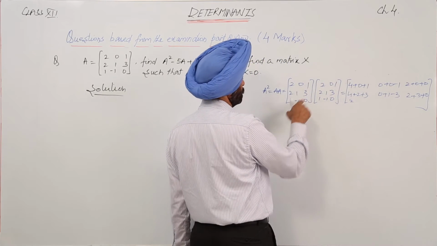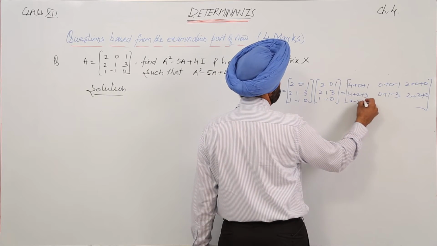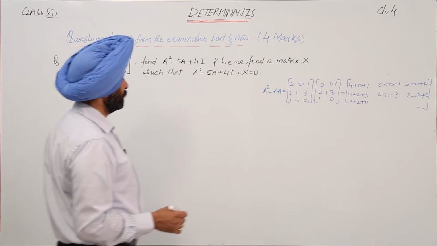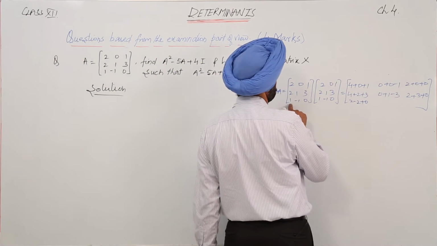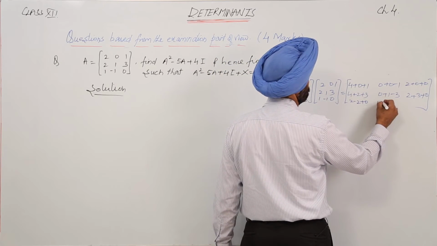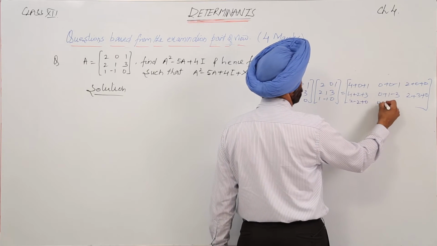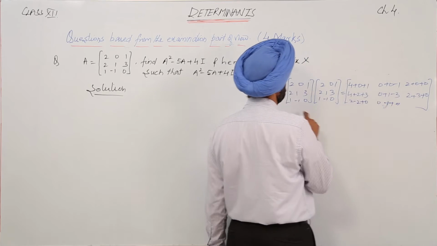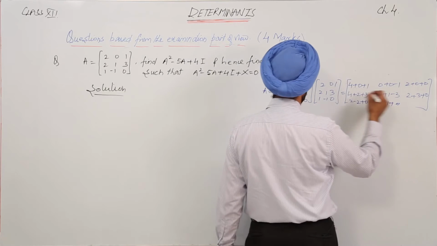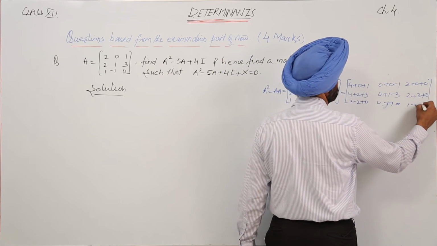Then 2, minus 2 and 0. Then 0 minus 1 plus 0, that is minus 1, and again 0, and 1 minus 3 plus 0.